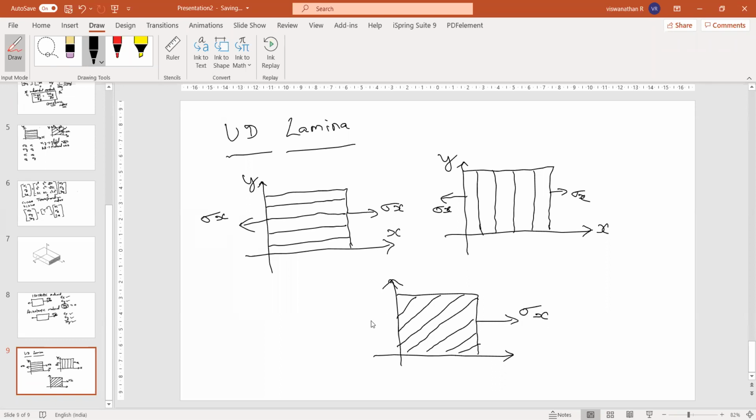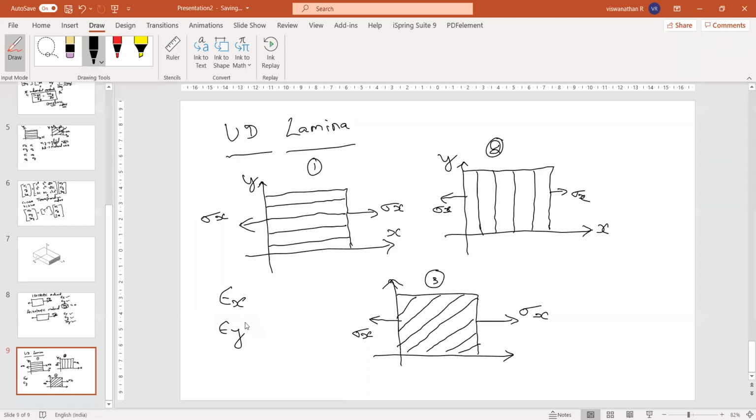So what will be the strains that you can expect? Yeah, epsilon x, epsilon y. For which case? This one? Yes, sir, first one. This is first one, this is second one, this is third one. Okay.